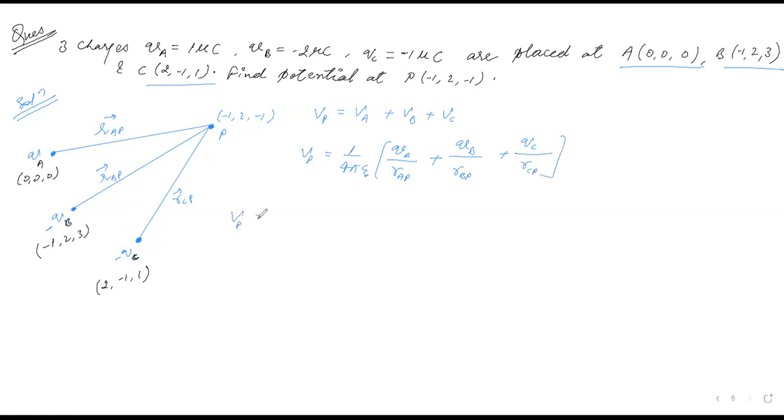Finally, we can write VP is equal to 1 over 4 pi epsilon naught times QA over RAP, which can be written as RP minus RA. Similarly, this is your QB and this is your RP minus RB.